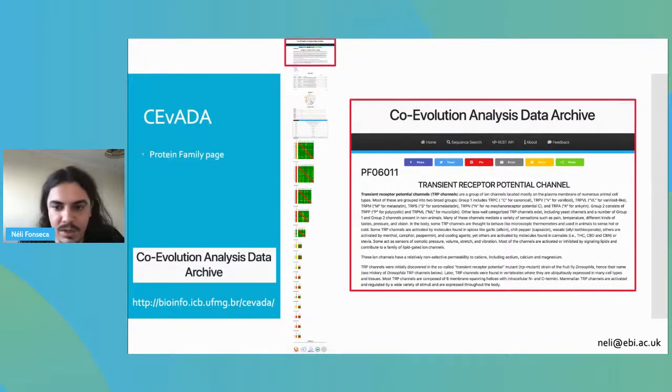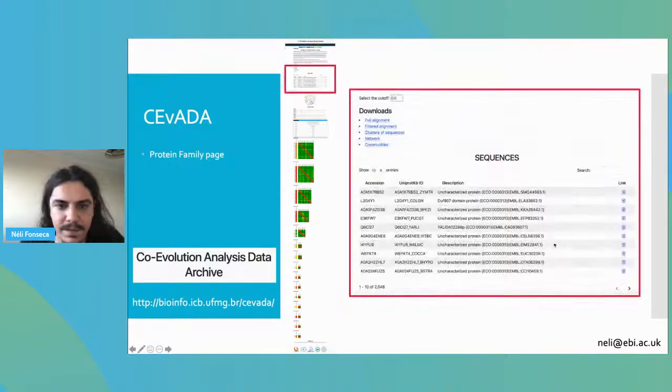So we have two types of entry pages, one based on the protein family and another based on the sequence. Here I'm showing an example of a protein family page. In this example, the page is extensive, so I will split it in a few slides. It contains the descriptions of the domain, automatically fetched using the Wikipedia API.